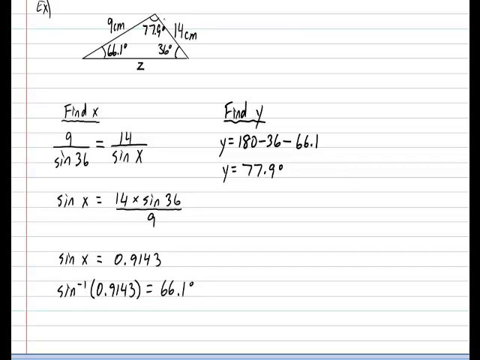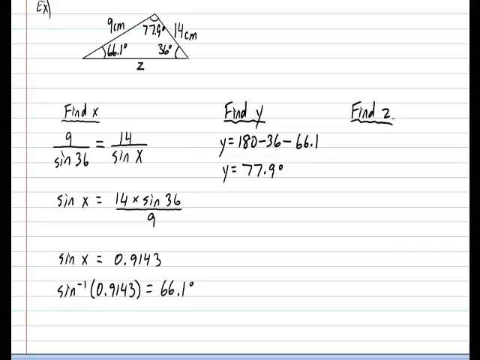Alright, one more variable to find, which is our side Z. So subtitle please, find Z. And for Z, I'm going to use the sine law one more time. Except this time, I'm going to involve different sides and different angles.